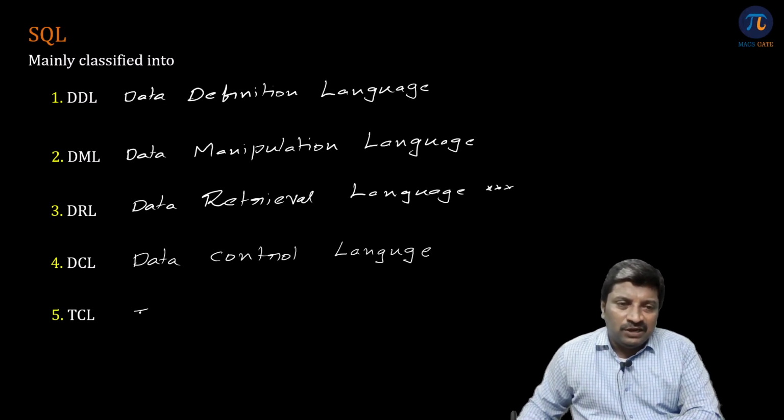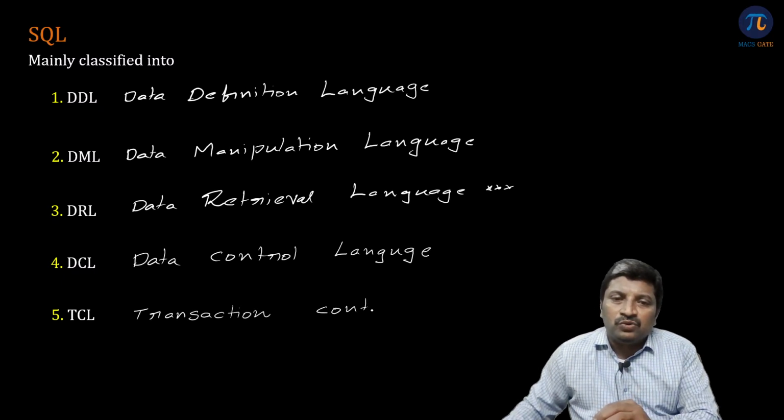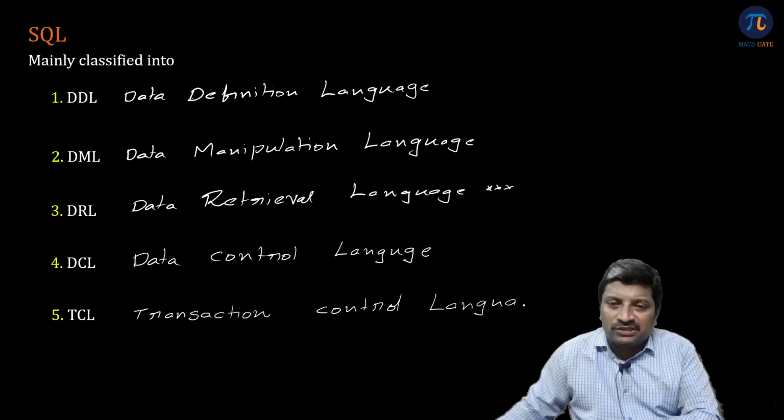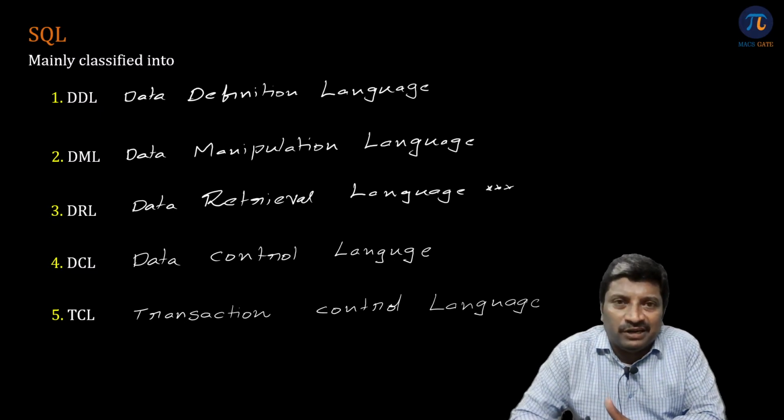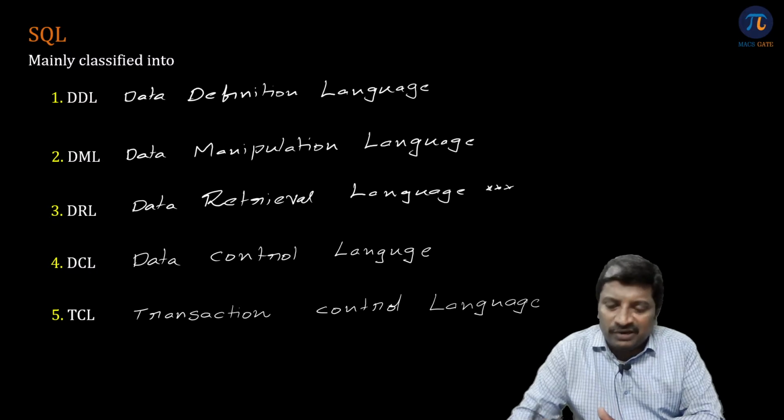The next one is transaction control language. Something like what to be saved or to which point I need to roll back. Like that, all those commands we will discuss under this category. So these are the 5 types of SQL commands. Fine. So let us discuss each of these one by one.